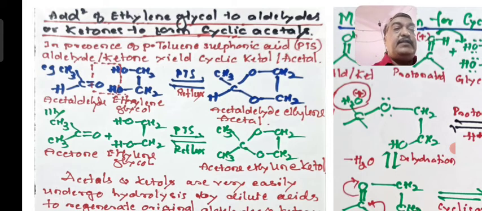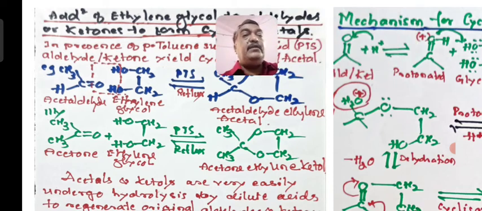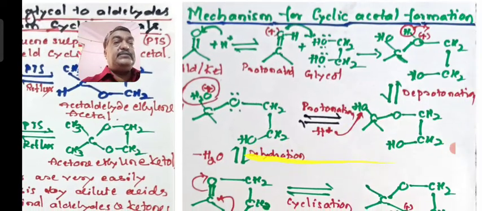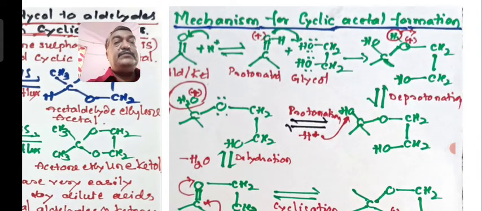Finally, if an aldehyde is there, you write it as acetal. If a ketone is there, you write it as a ketal. Now with this, let us see the mechanism. For this mechanism, the oxygen is negative and the carbon is positive in the carbonyl group. H plus attacks, and the protonated molecule having plus charge is attacked by the glycol.